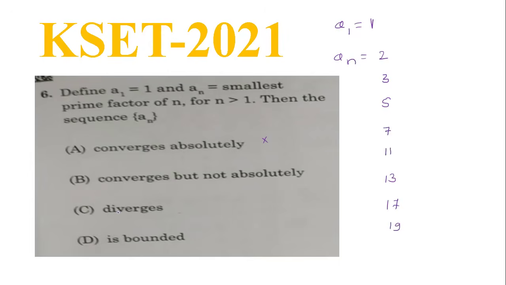This is also wrong. Diverges? Yes. The value of this is diverges. If you put A_n = n, with these two conditions, if we apply the limit as n tends to infinity, A_n = infinity. Therefore, this sequence diverges.